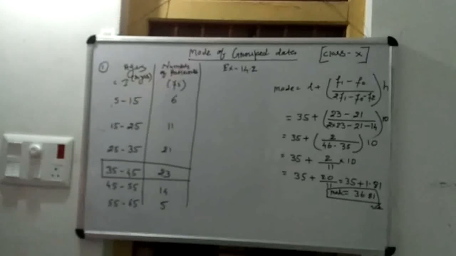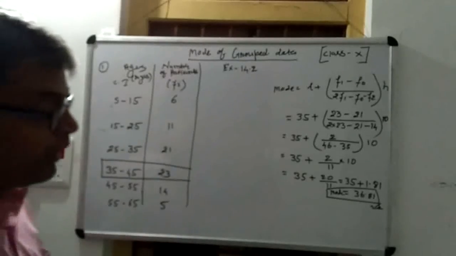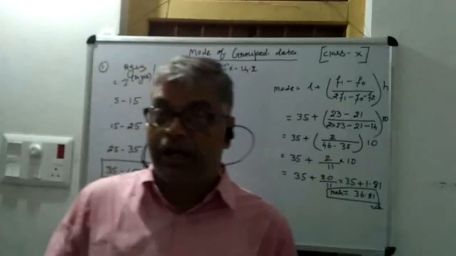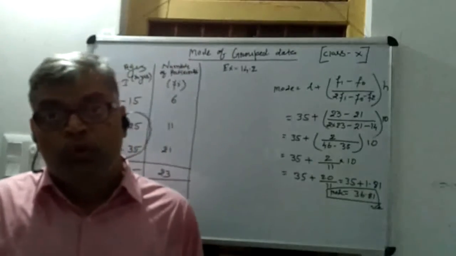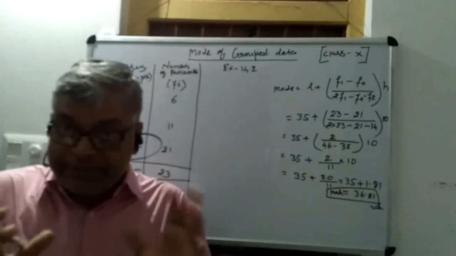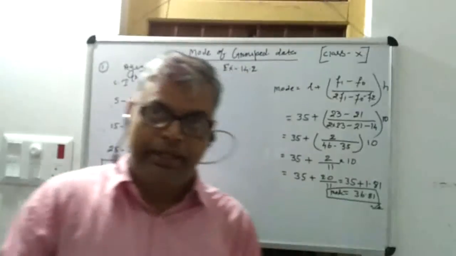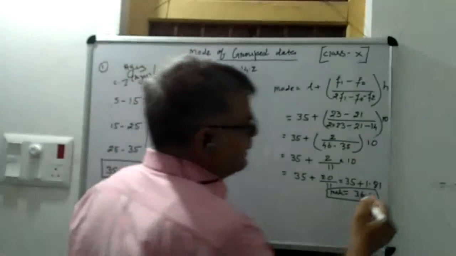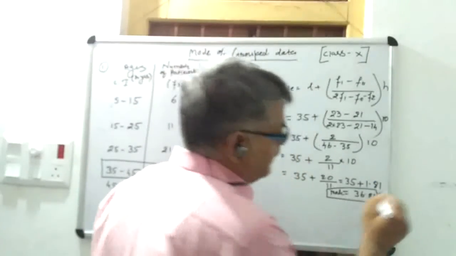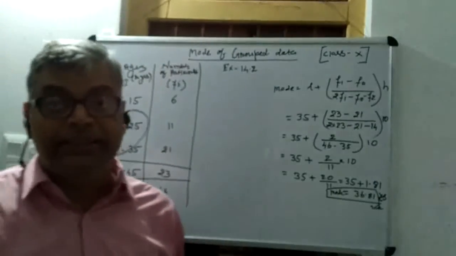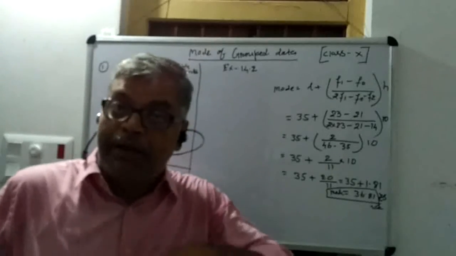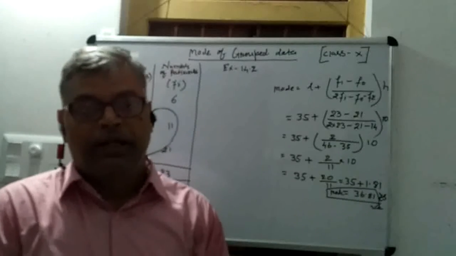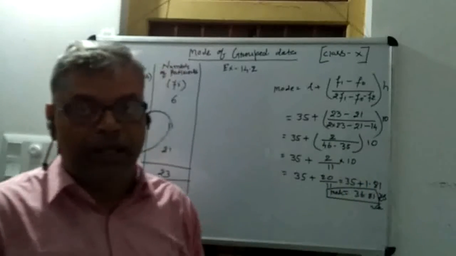Mode is that value which has the maximum concentration of data. When we calculate the mode, the value is 36.8 years. It means the patients in the hospital are maximum having the age of about 36 years. This gives you the maximum value.